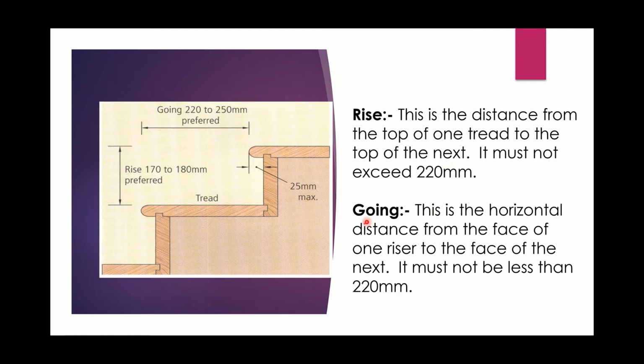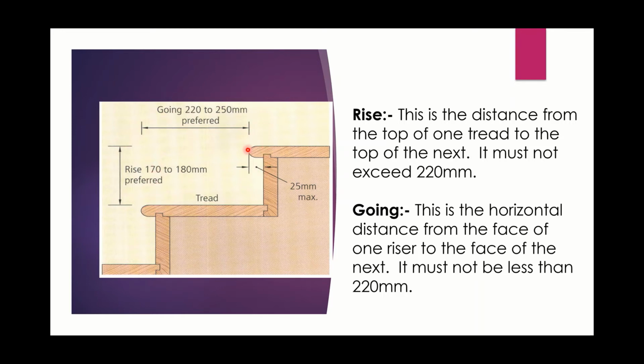Now, the going is basically the distance, essentially the distance of the tread. This is the horizontal distance from the face of one riser to the face of the next. It must not be less than 220. So, basically to explain that then, the going is the distance from the face of one riser to the face of the next.